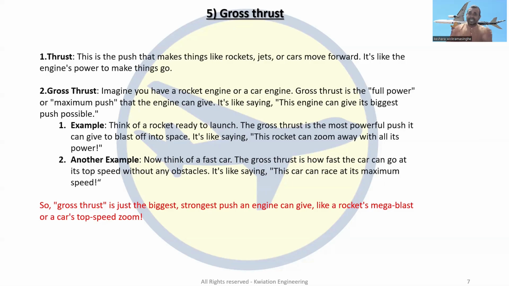It's like saying this car can race at its maximum speed. So the gross thrust is just the biggest, strongest push an engine can give, like a rocket's mega blast or a car's top speed. I just gave you a basic idea.